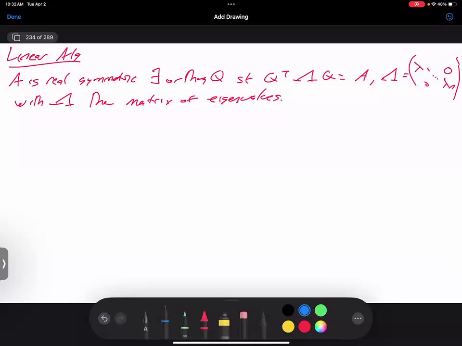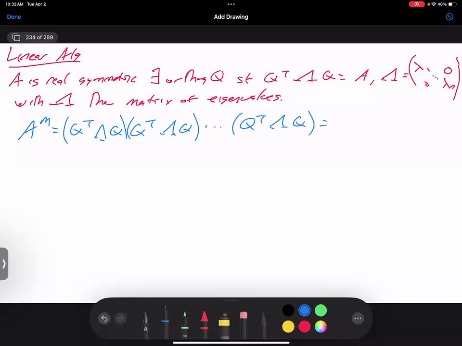Why is this useful? Well, if I want to look at A to the nth power, that's going to be the same as Q transpose lambda Q times Q transpose lambda Q dot dot dot Q transpose lambda Q. What do you notice about all of this?